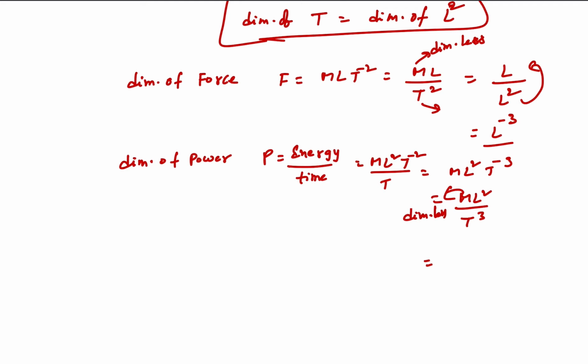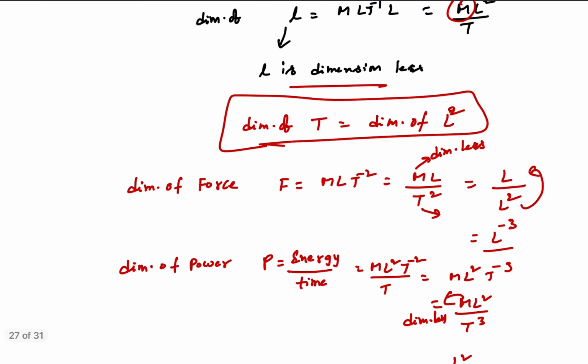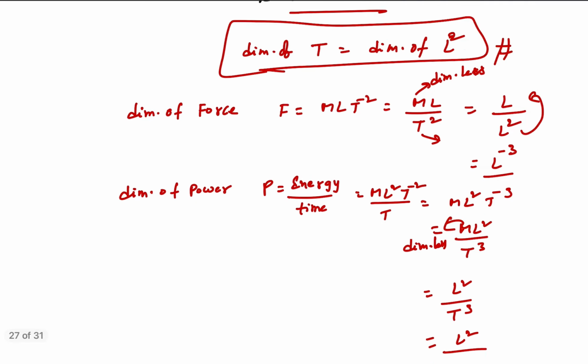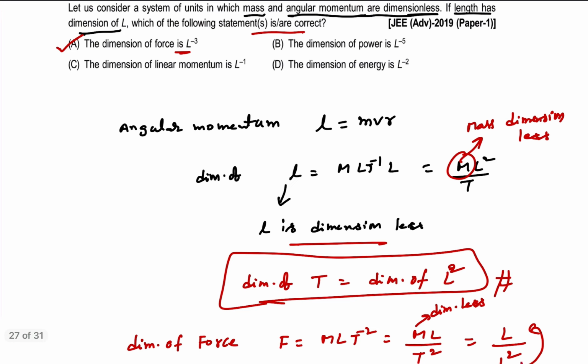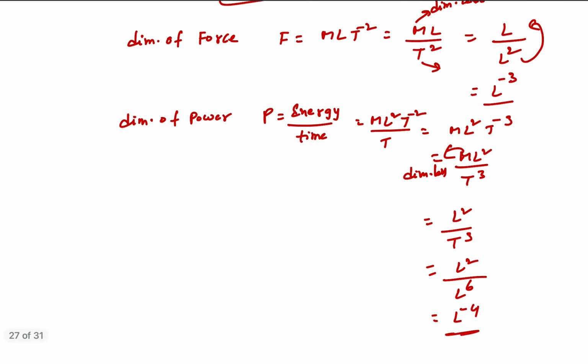M is dimensionless. You can write it as L square divided by t cube. L square is L square only. What is the t dimension? L square is there. You can write t cube is nothing but L to the power of 6. So you can write L to the power of minus 4 you will get for power. Okay, so this is wrong.